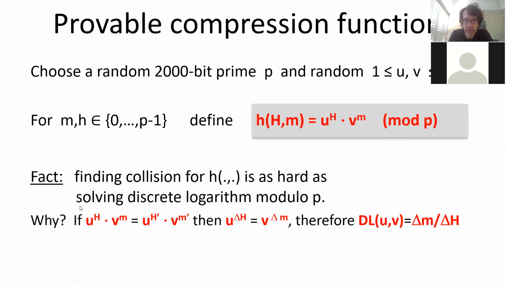Put H prime on this side and M on this side: u to the difference between the H's is the same as v to the difference of the M's. This one is H minus H prime, and this one is M prime minus M. So the discrete logarithm between u and v is delta M divided by delta H, right? Because if you take u to this power, you get v.